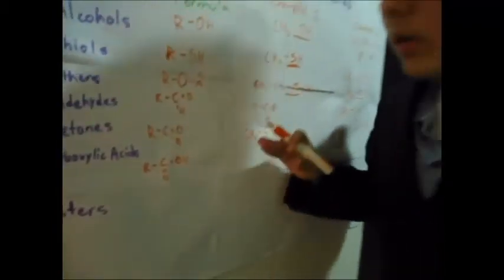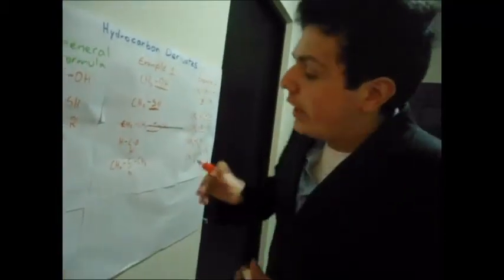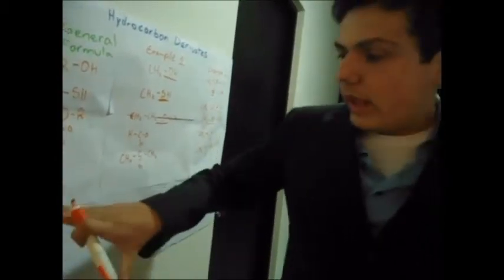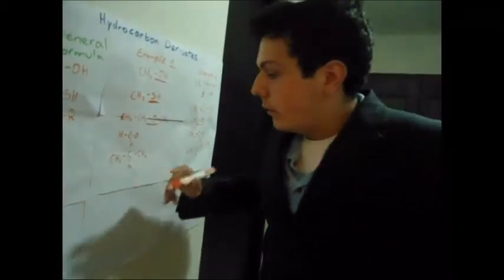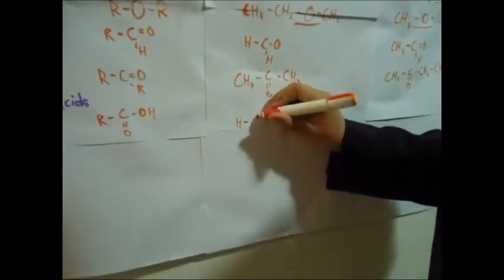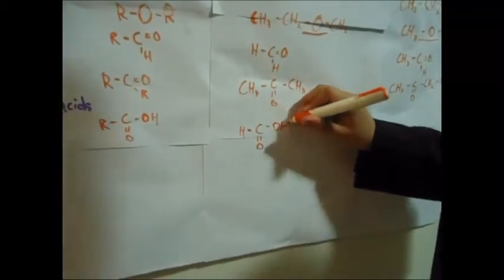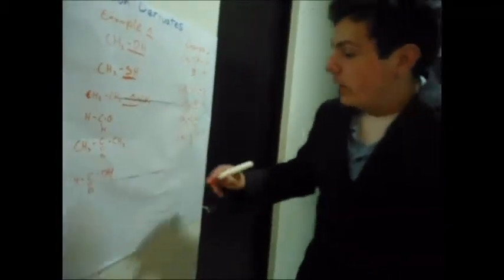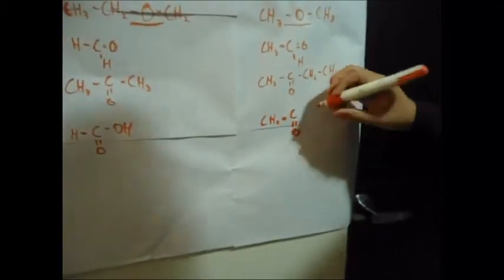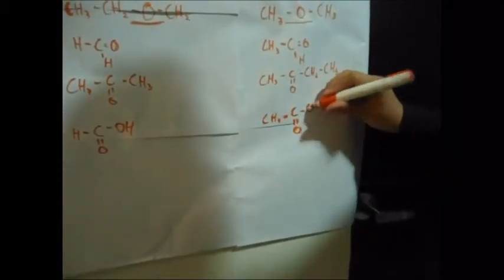Now, an example of this one will be methanoic acid, and it starts with the hydrogen with the carbon and double bond, and the hydroxide. And for the second formula, we will have ethanoic acid, that will have the alkyl group, the CH3, the carbon with double bond of oxygen, and the hydroxide.